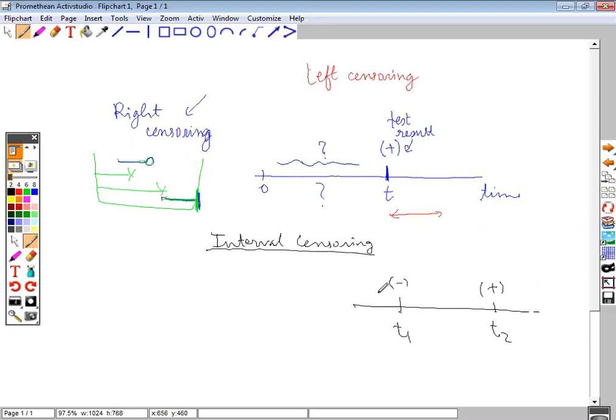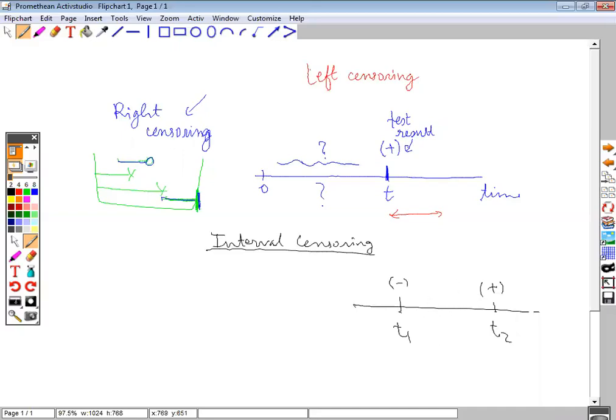We know that when we took a test at T2, this person tested positive. But when we took a test at T1, this person did not test positive. So what we know is that this person was negative up until this time. But again, we don't know when in particular this person caught the virus.